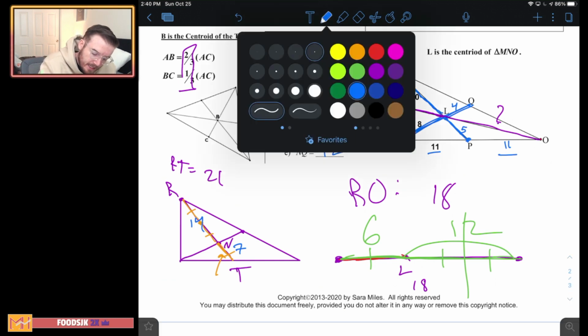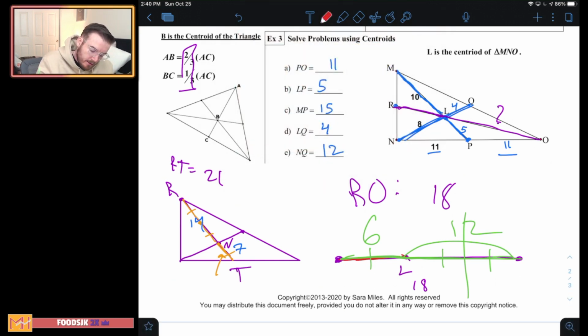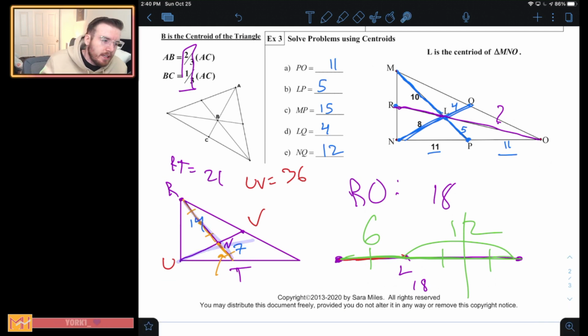And let's say UV is, I can make up one more, let's see. I'm trying to make it work out to the pattern, you know what I mean? 36. Let's say it's 36. So I know it's clearly shorter than RT, but I'm not to scale.